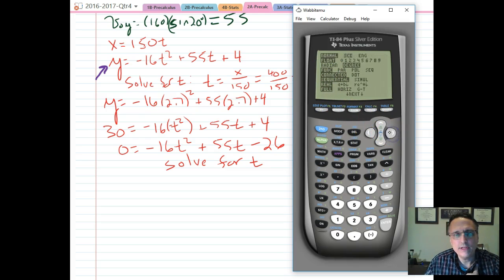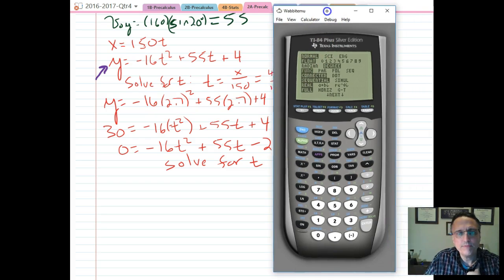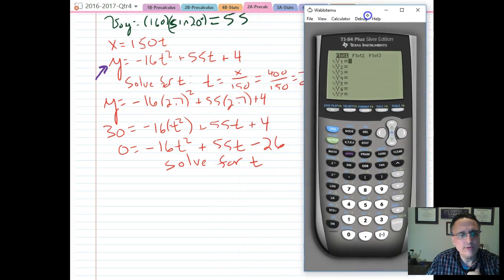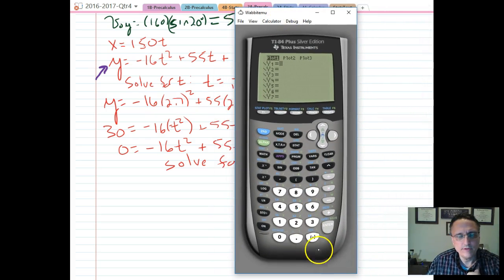Most of you are probably in parametric mode right here, but move your calculator into the function mode because we're just going to put in this quadratic equation, minus 16t squared.